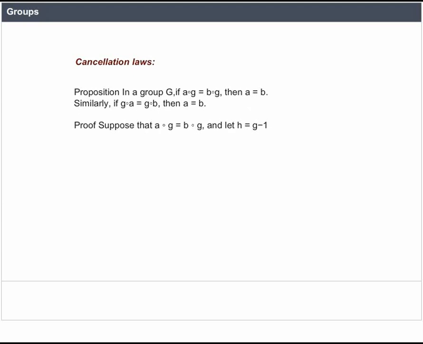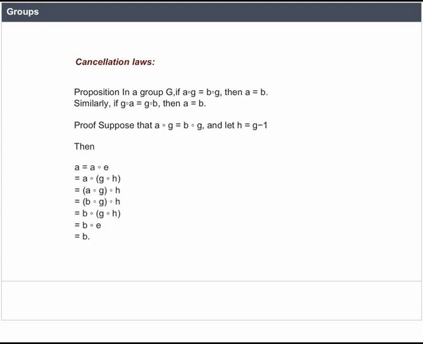Groups, cancellation laws. Proposition: in a group G, if a∘g = b∘g, then a = b. Similarly, if g∘a = g∘b, then a = b. Proof. Suppose that a∘g = b∘g and let h = g^-1.